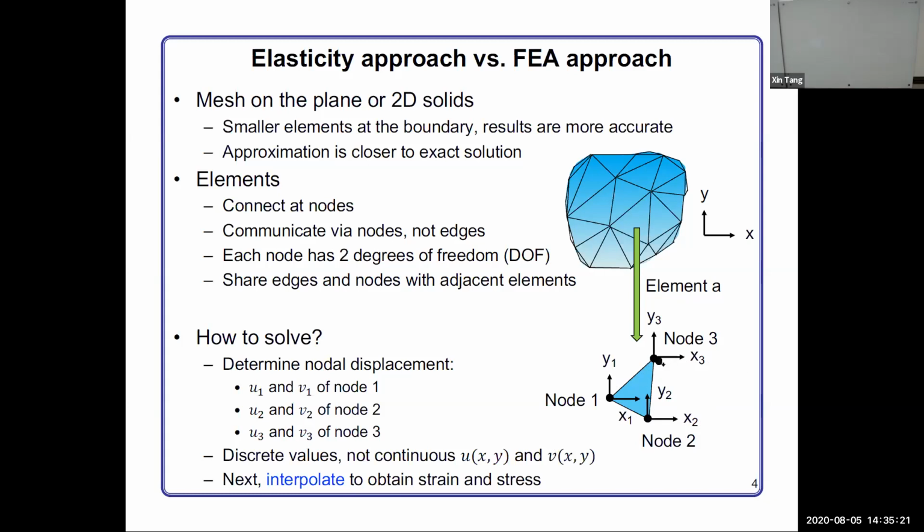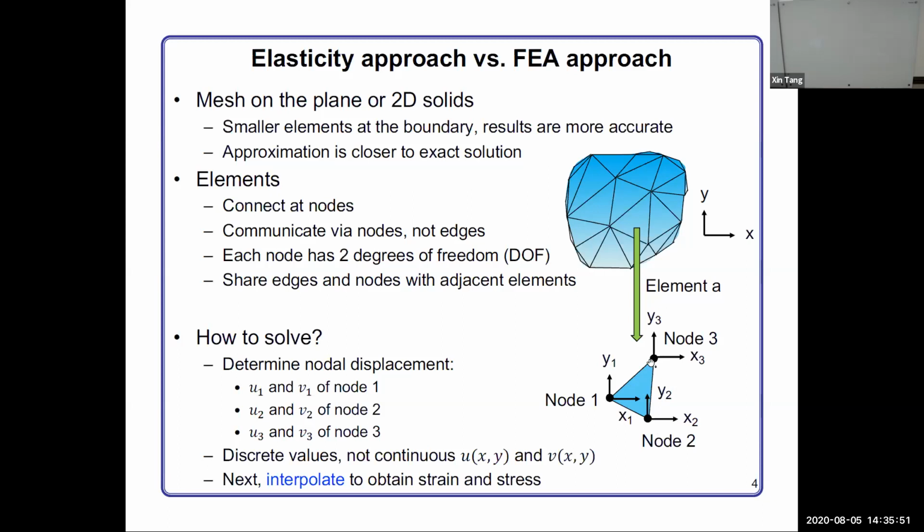So in the finite element method, you will firstly solve the displacement on each node. So you will have u1, v1 on node 1, u2, v2 on node 2, u3, v3 on node 3. You will not have a continuous u(x,y) on the whole element. You only have discrete data points.